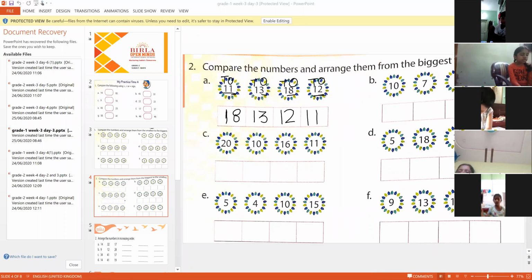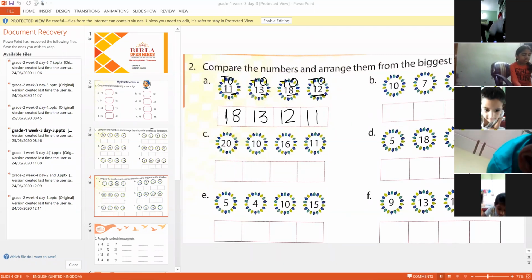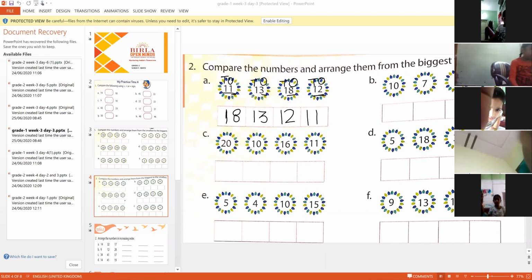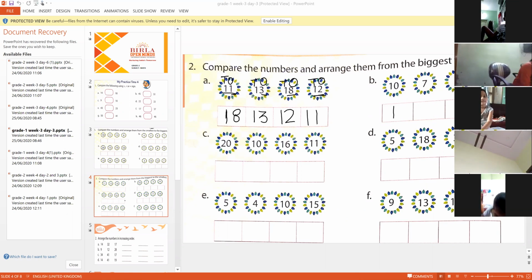Yes, children. Now Manha, you tell me the answer for B bit. 10, 7, 3, 9. Which is the biggest number, Manha? 10. Very good. Then after 10?